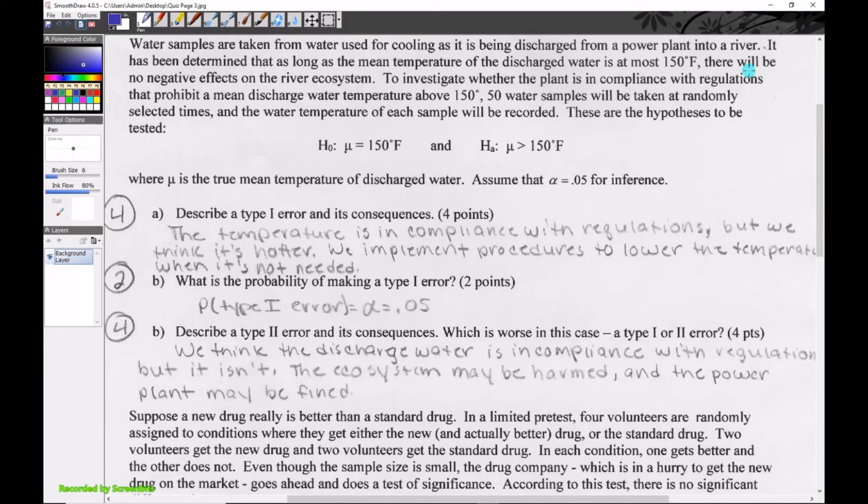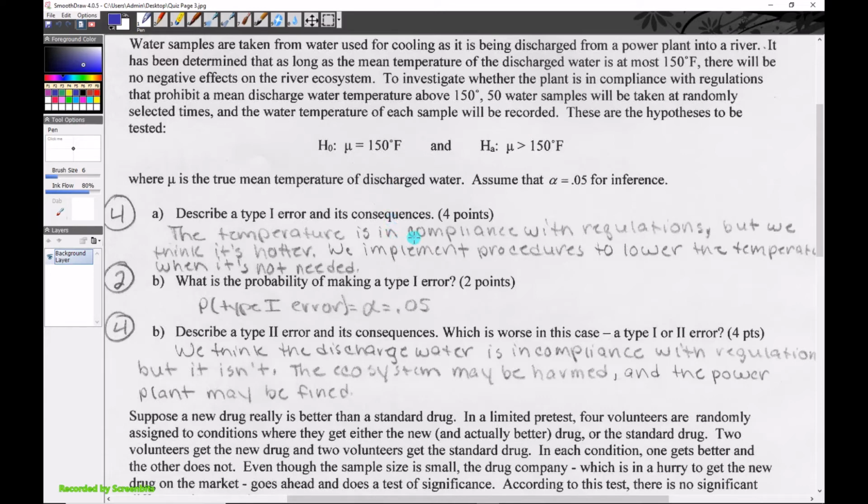This is very reminiscent of my example that I gave you off the cuff with the Homer Simpson example, only this is discharge water that can't be any hotter than 150, because any hotter than that, it has environmental consequences when it leaves the plant into whatever you're dumping it into. So here's H0, here's HA up top, and the type 1 error is to reject H0 when in fact it's true.